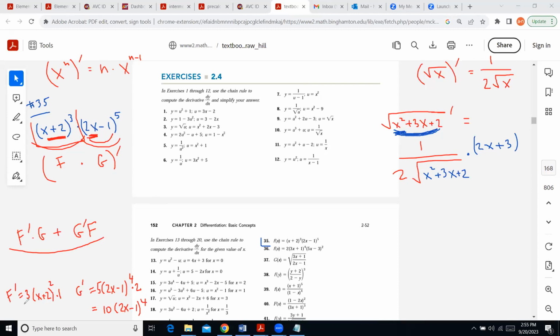And the f prime, which is without the 1, since 1 times 1 means nothing, will be 3 times x plus 2 in the parentheses squared. That's my first piece. Multiplied by g itself, and g itself, that's the second piece, right? That's 2x minus 1 in the parentheses to the power of 5.